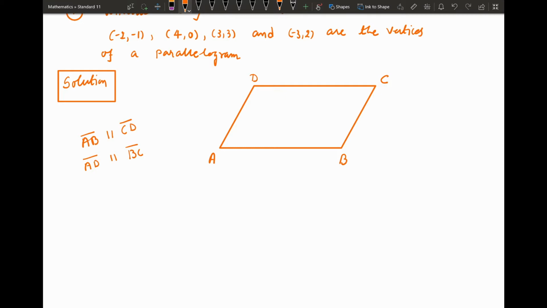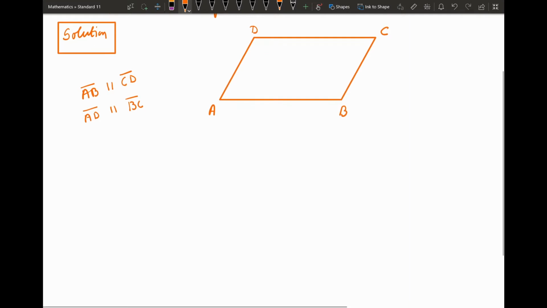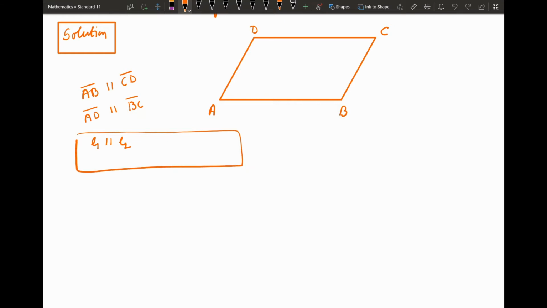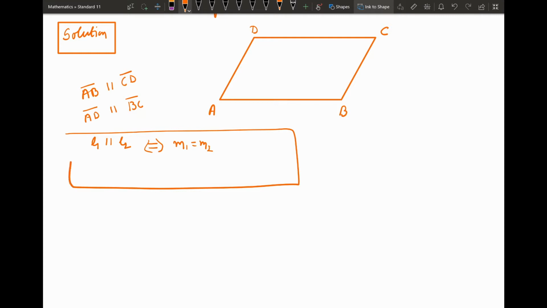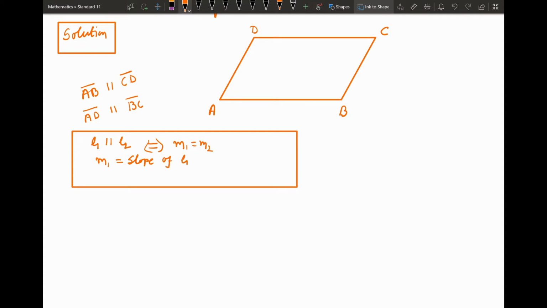Now without distance formula, we know two lines L1 and L2 are parallel if and only if slopes are equal, M1 equal to M2, where M1 is slope of L1 and M2 is slope of L2.